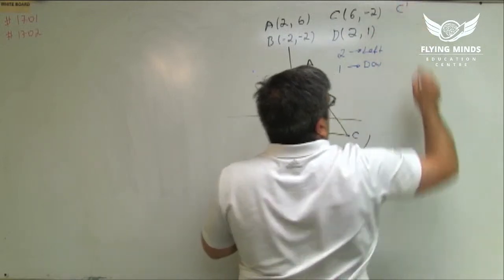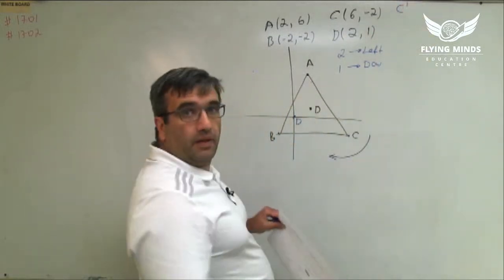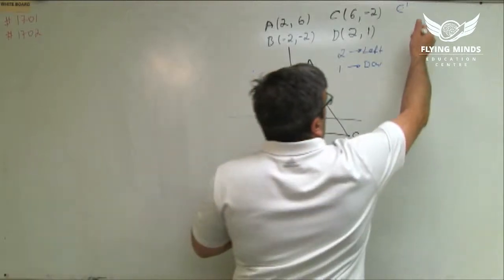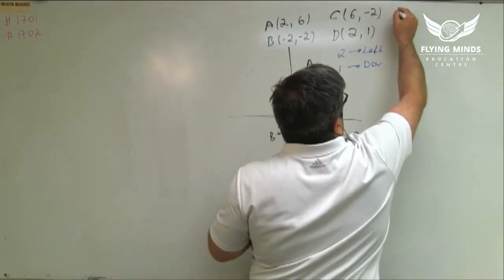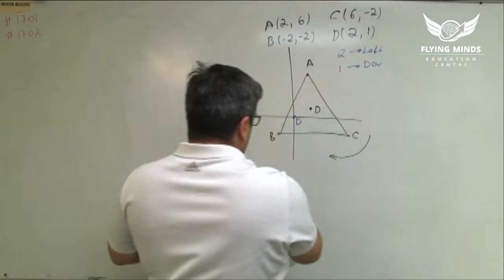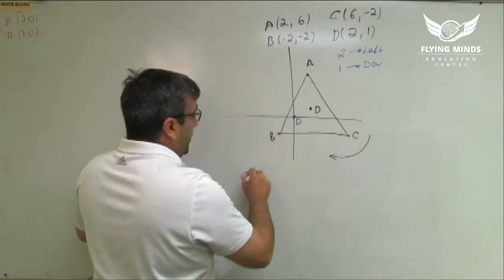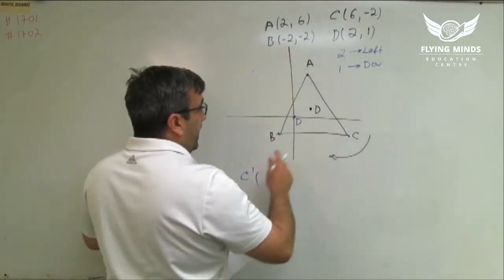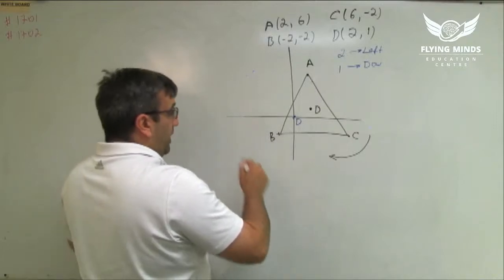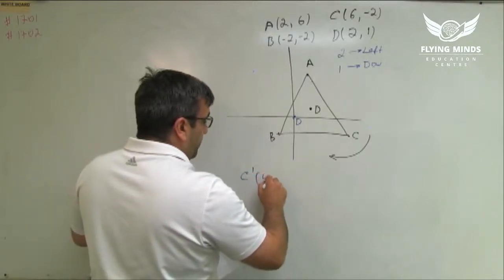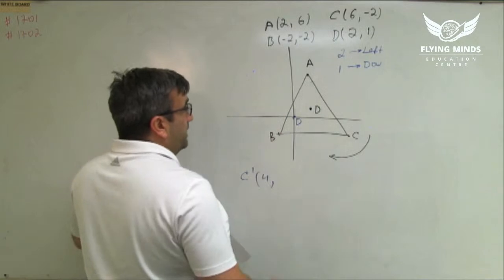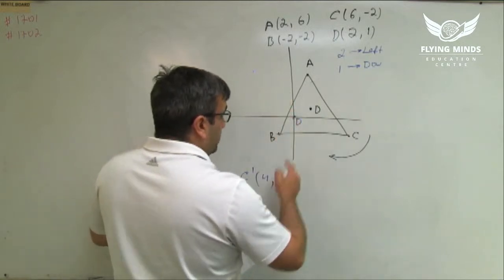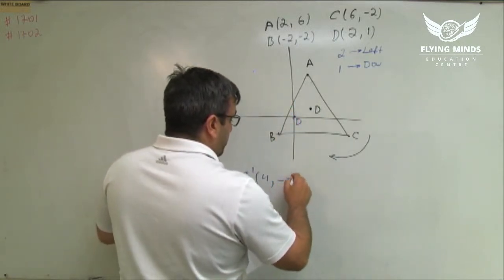So our C prime will have coordinates, let's write it here. Point C has coordinates 6, -2. For C prime, 2 left, so 6 minus 2 is 4, and 1 down, so -2 minus 1 will be -3.